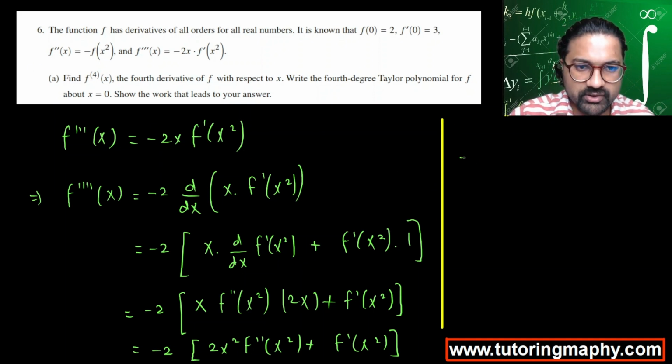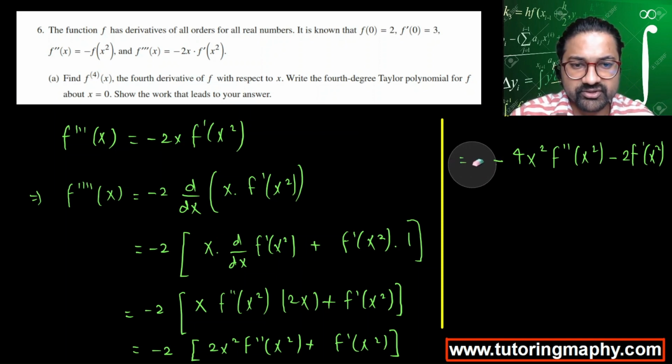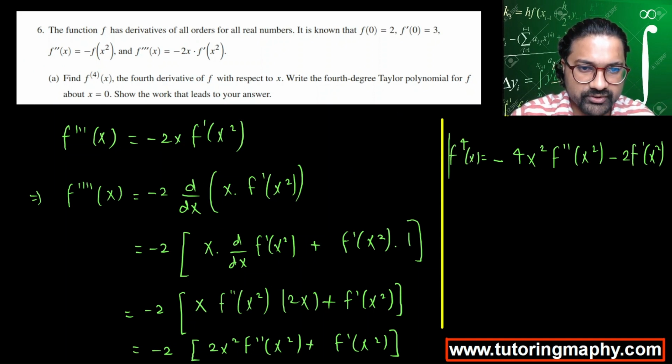And now I'm going to multiply this negative 2 inside, so that looks like negative 4x squared f double prime x squared minus 2 f prime x squared. That is the expression for the fourth derivative of the function. I'm going to keep this with me because I will be using it.